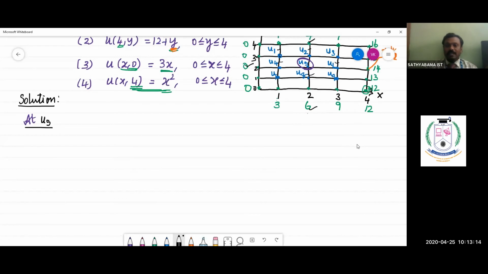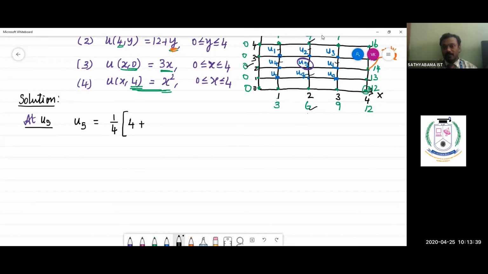So we can apply the standard 5-point formula to U5. U5 is equal to 1 by 4 into the known value above U5, that is 4, plus the known value to the right of U5.